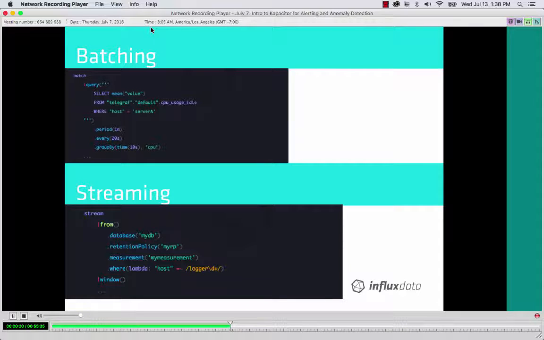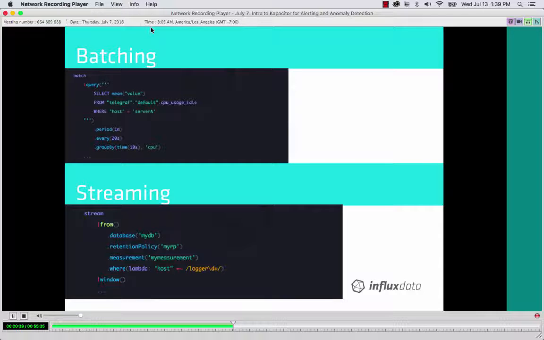Beneath that, we have a stream. Instead of executing that query every 20 seconds, a stream will just continuously allow data to be consumed by it. So we're streaming, and then we do a pipe from, which tells us where we're streaming the data from.